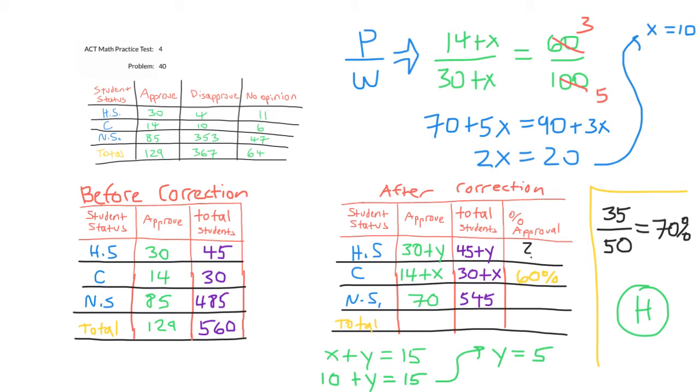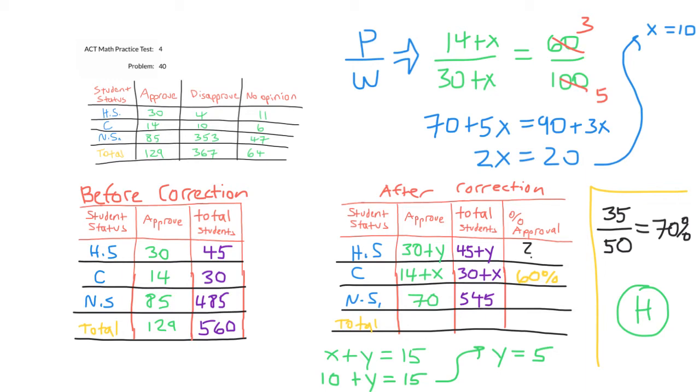Now, in order to know the percentage, you also need to know the total amount of students in each of these rows, right? That's something that's not given in the original table. So it was really on you to know that, okay, somewhere along the line, I'm going to have to understand how many total high school students there are, how many total college students there are, and so on.